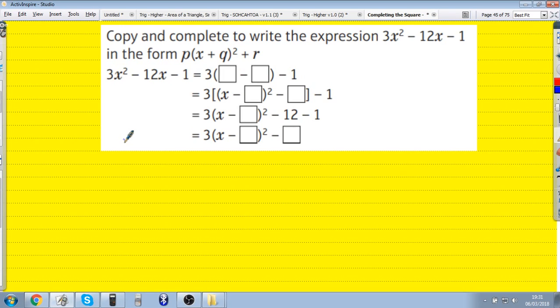And now you complete the square for that bracket. If it helps, just ignore everything else and complete the square as though you were doing that all by itself.